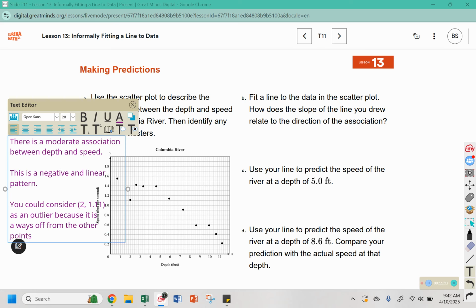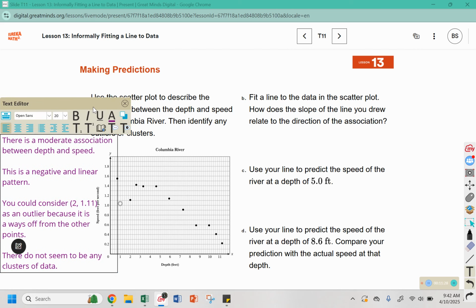But there don't appear to be any clusters. Remember, the clusters are those big clouds or groupings of points.